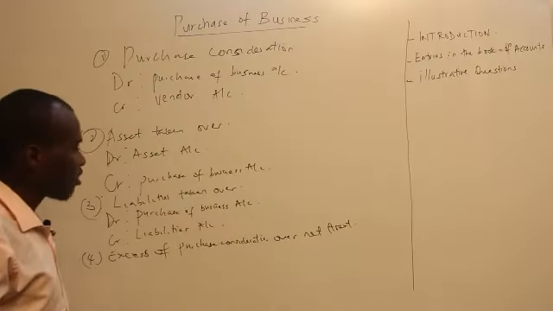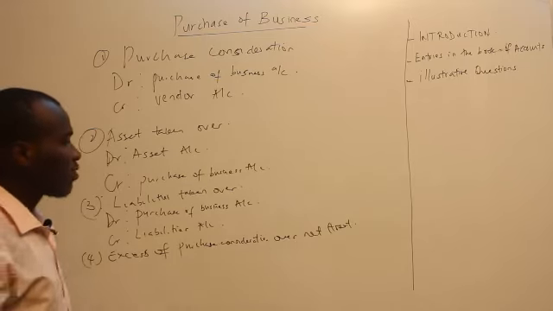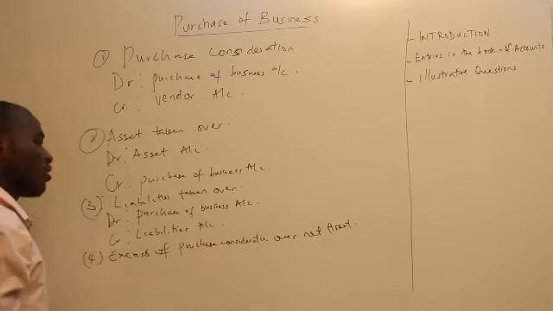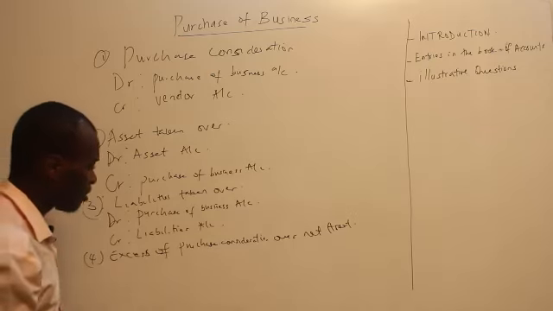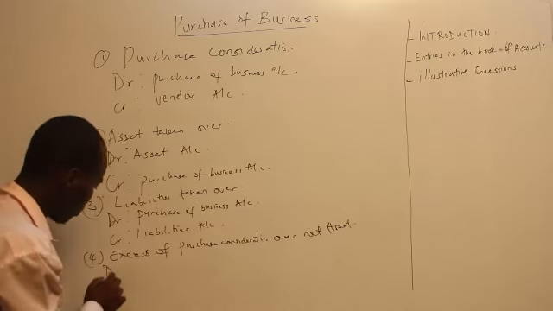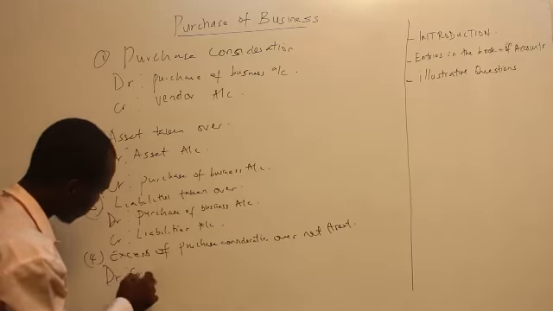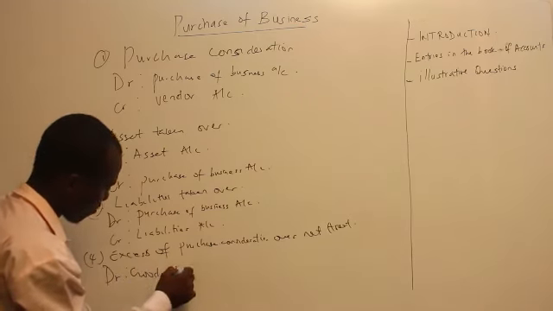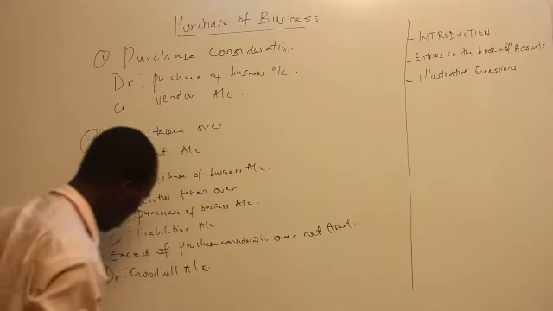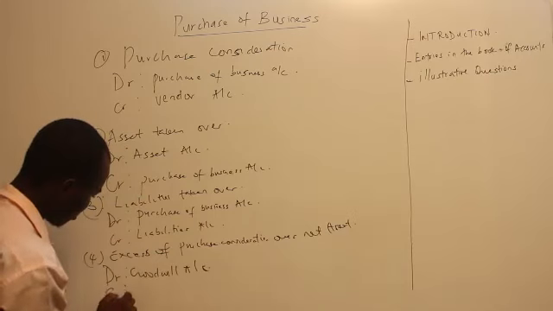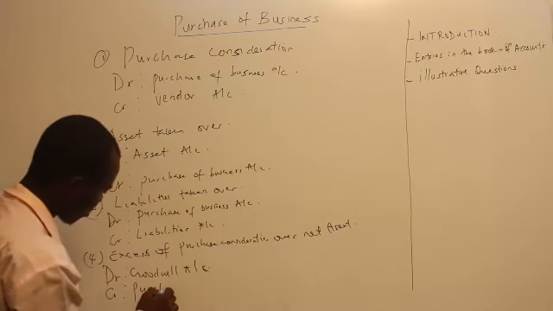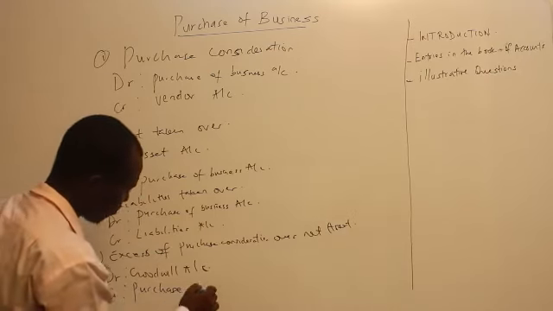When you have an excess of purchase consideration over the net assets, that becomes the goodwill in the business. So the double entry is to debit goodwill account and credit purchase of business account with the amount of goodwill.